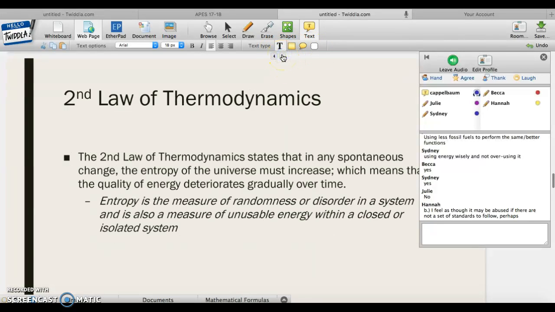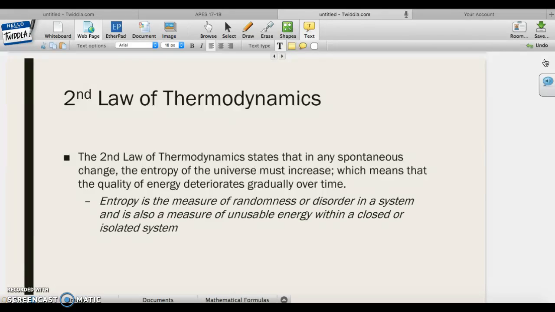All right, let's see. So one thing we have to take into consideration in looking at energy efficiency are properties surrounding energy. And one that determines input and output is the second law of thermodynamics, which you maybe have seen in another course. This states in any spontaneous change, the entropy of the universe must increase, which means that the quality of energy deteriorates gradually over time.